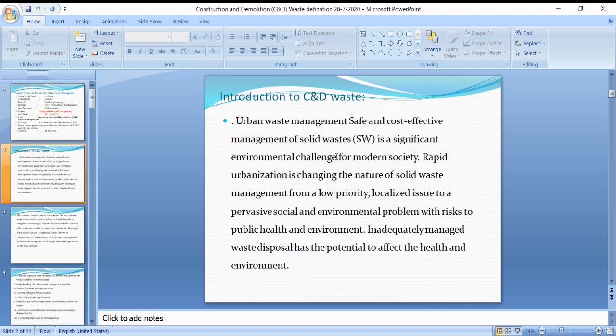Till now we have seen municipal solid waste and also biomedical waste.